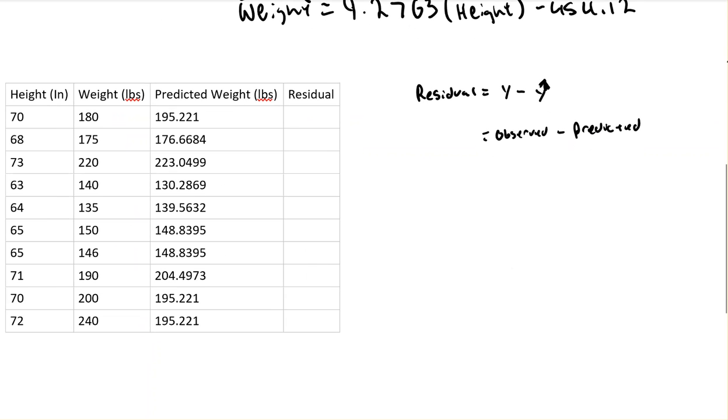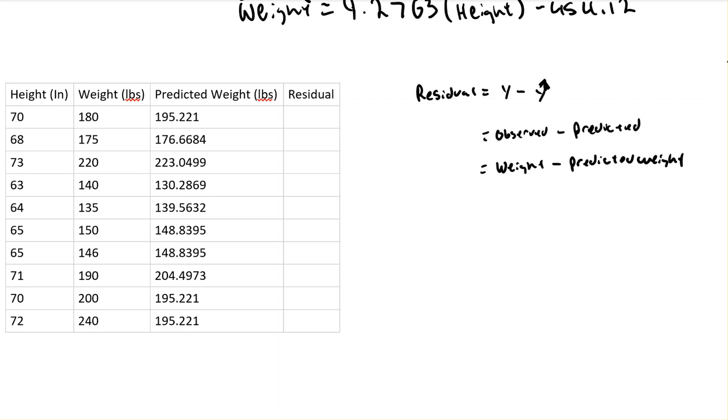In our case here, that is going to be weight minus predicted weight. So we are going to be taking each of the values in our weight column and subtracting the corresponding values in our predicted weight column.